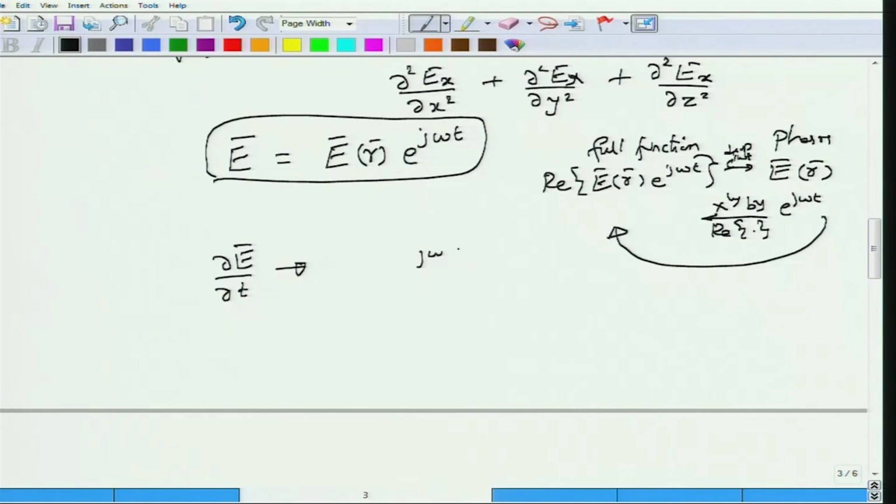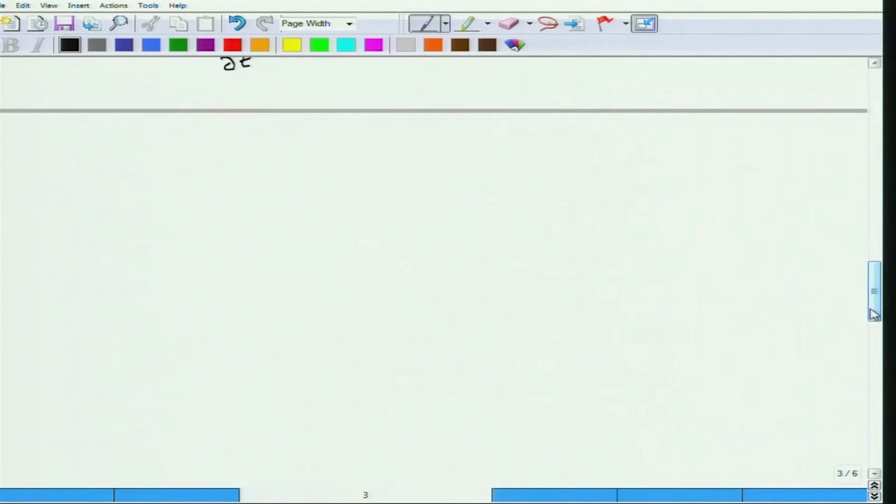So this becomes j omega into E. If you differentiate once more, this is just as good as multiplying by j omega twice, that becomes j omega square into E, which is minus omega square E. So I can substitute this into the wave equation to write del square E is equal to minus omega square by c square, electric field E.